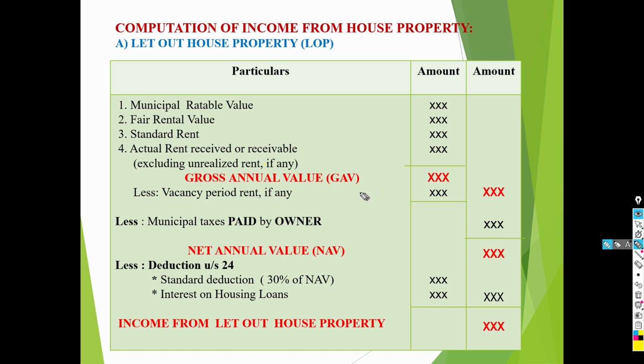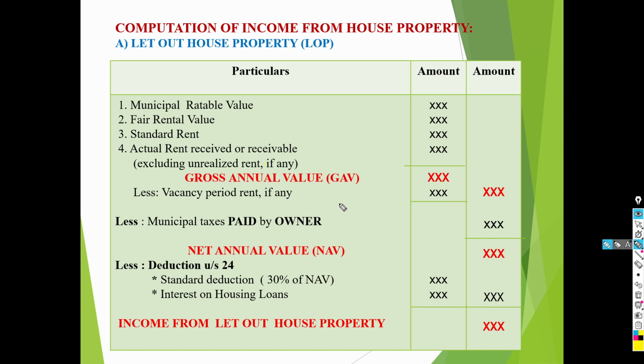Vacancy period rent can be deducted only if the shortfall of gross annual value is due to vacancy alone, otherwise not to deduct. Now the question is, what does that mean? When to deduct the vacancy rent and when not to deduct the vacancy rent is the question.